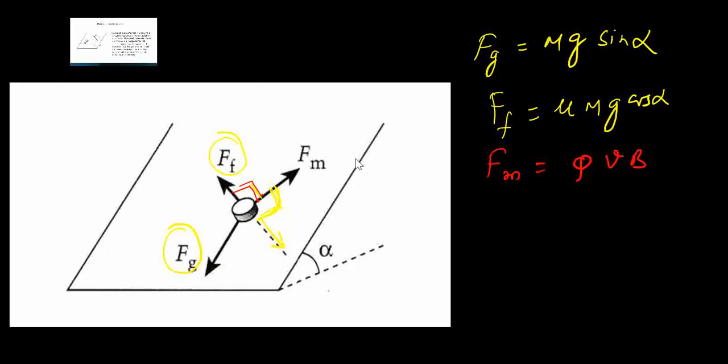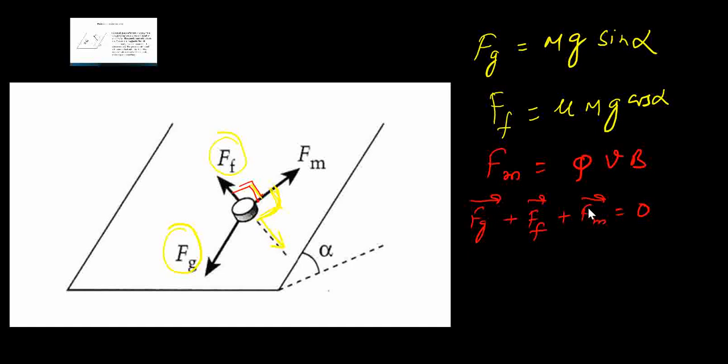So for a steady state motion, I guess the vector sum of all three forces, that is Fg plus friction force plus magnetic force, will be equal to 0.